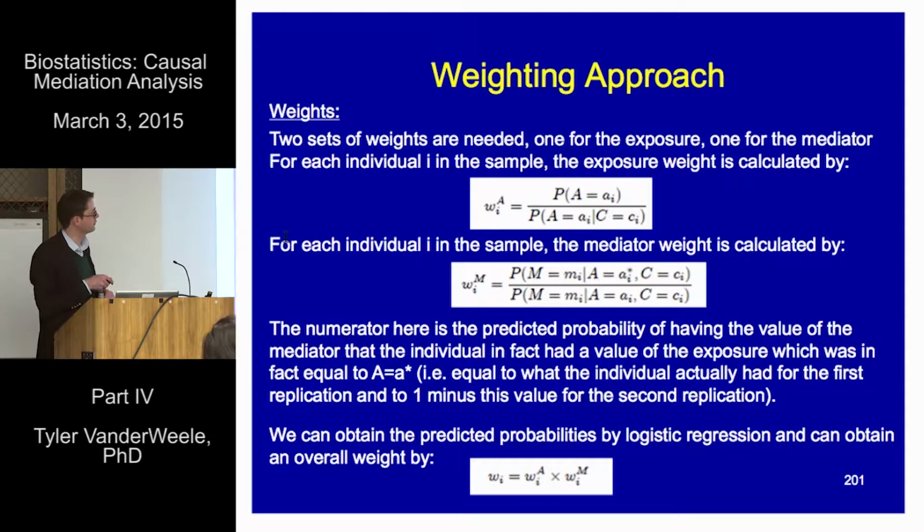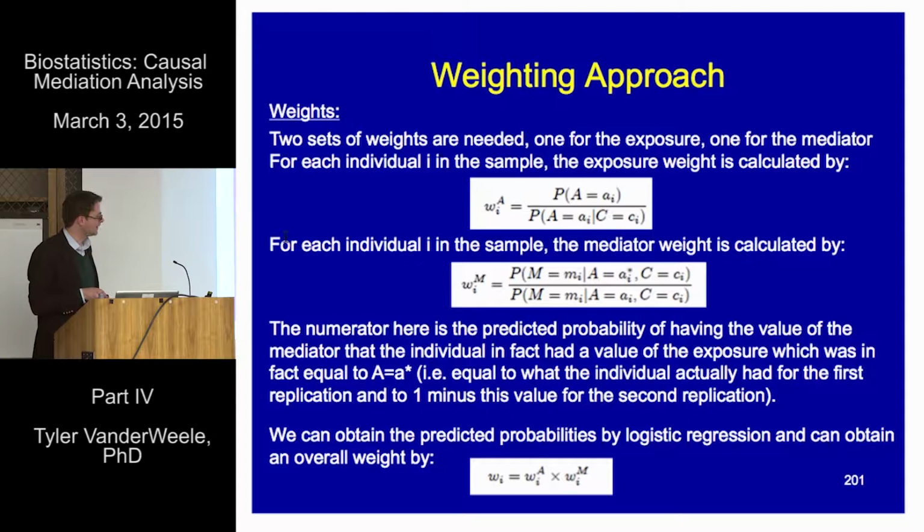Our probability for the numerator is the predicted probability of their having the mediator value that they actually had, conditional on their value of A star, that's again A for the first copy of the individual, 1 minus A for the second copy of the individual, and their actual covariates. So once again, we could just fit a logistic regression model for the mediator, conditional on the exposure and the covariates, and then we can get these predicted probabilities. The paper gives code to do all of this.